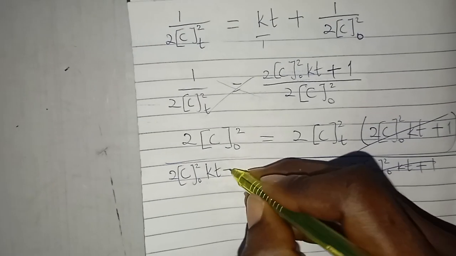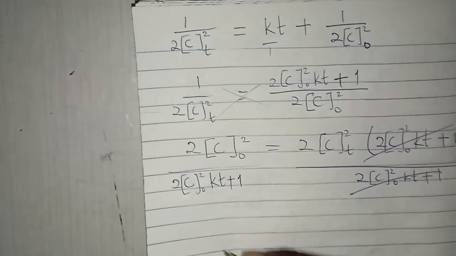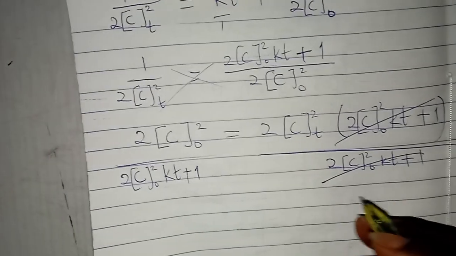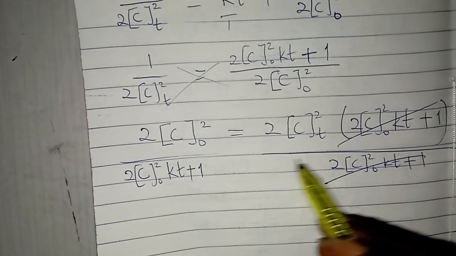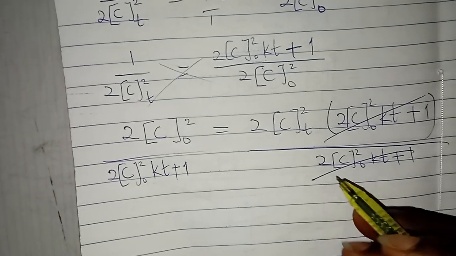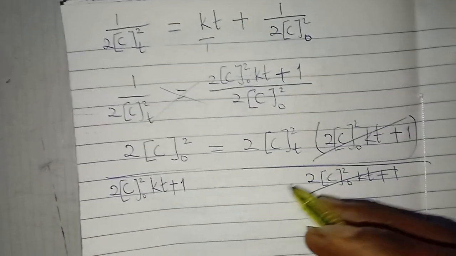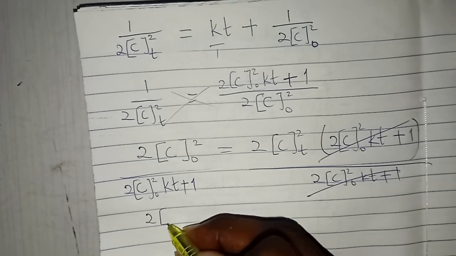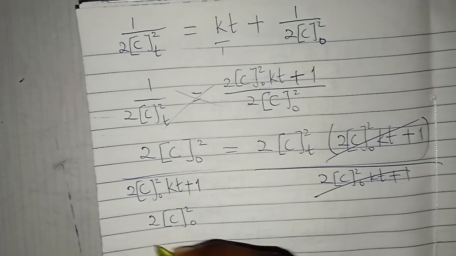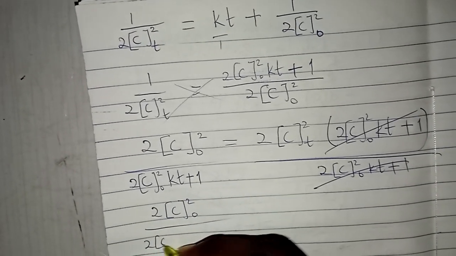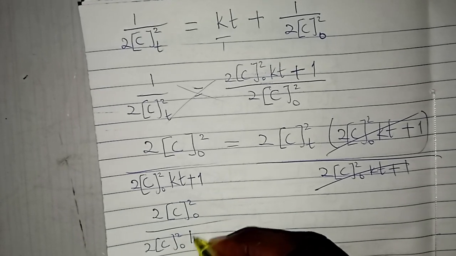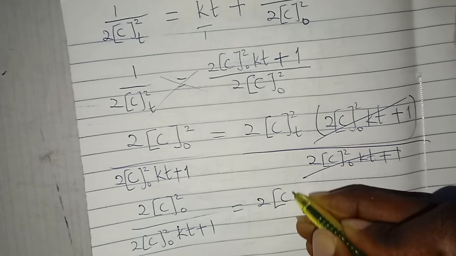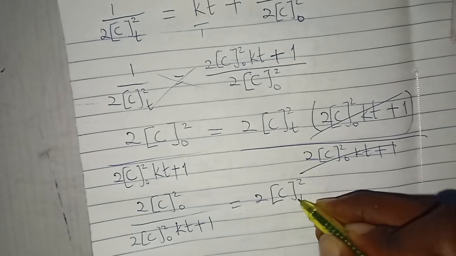Remember that this is the integrated rate law for third order reaction. In most universities you don't get to this point, but you have to do it, so you learn. No need is a waste. So at this point we are left with 2 initial concentration square all over 2 initial concentration square multiplied by Kt plus 1 is equals to 2 concentration square at time t.